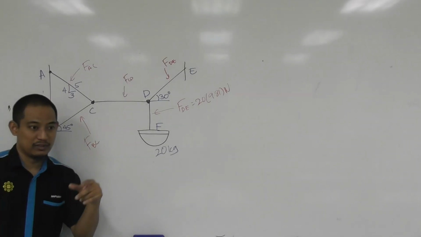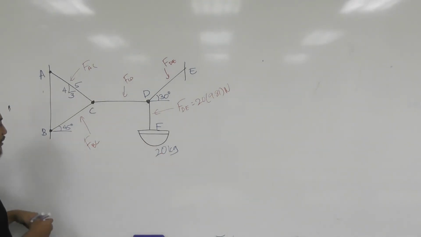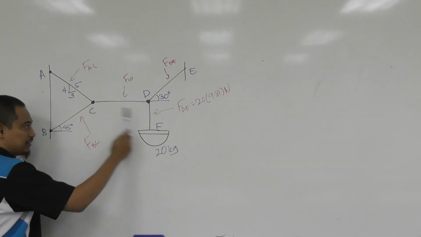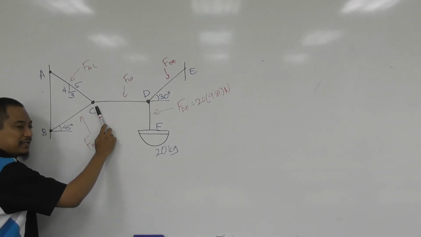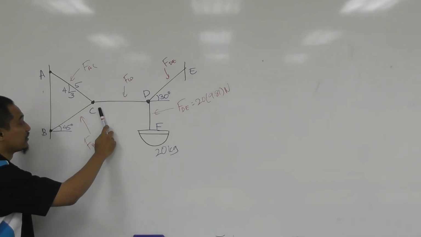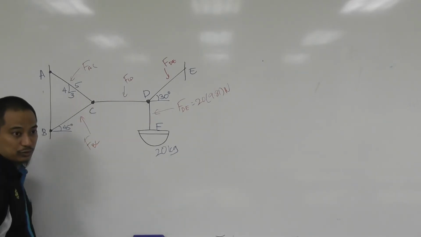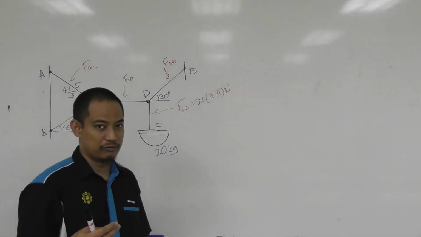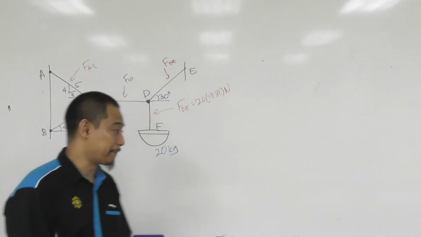Just from visually seeing it, you should be able to tell how many unknowns I will have if I draw the free body diagram of point C. It will be 1, 2, 3. So you have 3 unknowns and only 2 equations, you cannot solve. So do not start there.